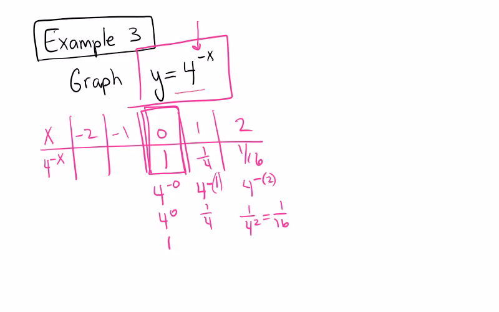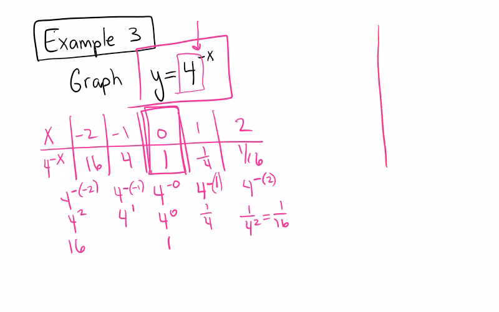Well, we started off with a whole number that was greater than 1, but then our positive values became the fractions. So what happens with our negative values? 4 to the negative of negative 1 is going to be 4 raised to the positive 1, which is just 4. And then 4 to the negative of negative 2 is going to get us 4 to the positive 2, which is 16. So what ends up happening in this case?